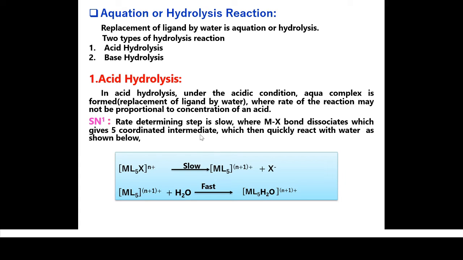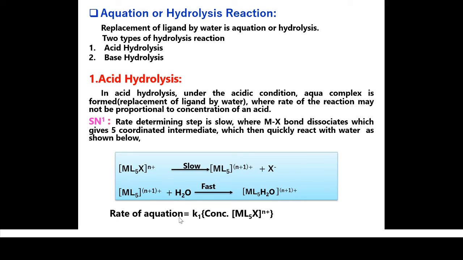What happened here? We only have to add a water molecule in the product, but there are two pathways, SN1 and SN2. In case of SN1, there is first dissociation of X, which gives a 5 coordinated intermediate, and then this 5 coordinated intermediate quickly reacts with a water molecule, which gives the aqua complex ML5H2O^(n+1). Okay students, so let's see the rate of aquation.